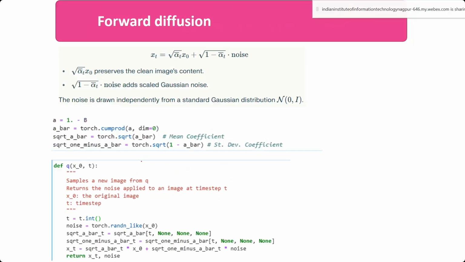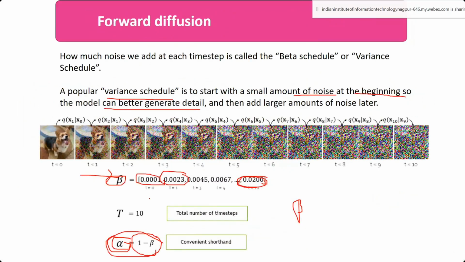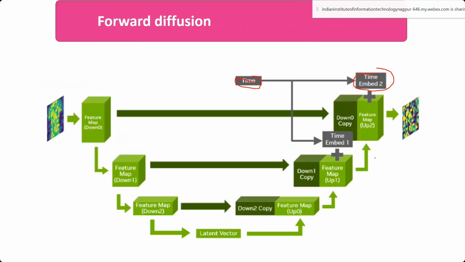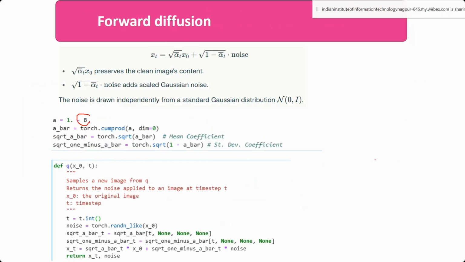This is PyTorch code. So 1 minus beta, beta is already defined as this one, with values of beta like 0.01. In that way, all these values are defined. Then you are taking a as 1 minus beta, then a bar as the cumulative product of that. Then you are taking the square root, and then the square root of 1 minus alpha.